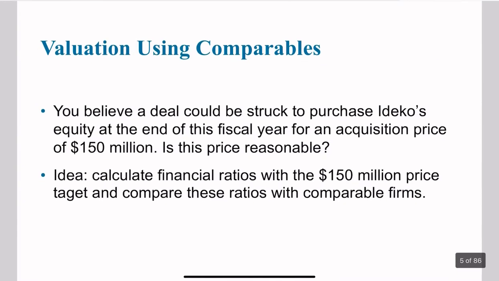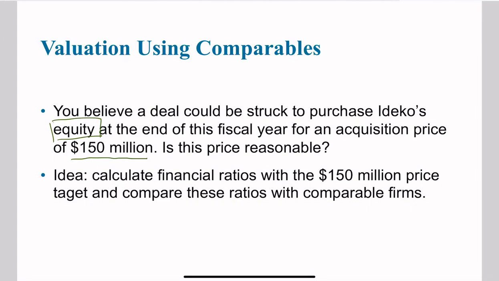Now, you believe a deal can be made if you offer to buy the firm Idaco with an acquisition price of $150 million. This $150 million is the price to purchase Idaco's equity. Now you want to understand whether this is a reasonable price. As I said, to answer this question, we will use valuation ratios.